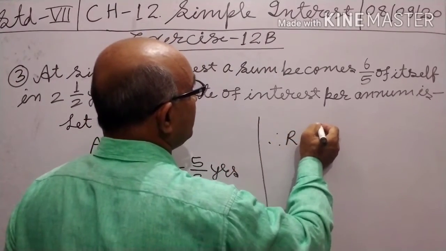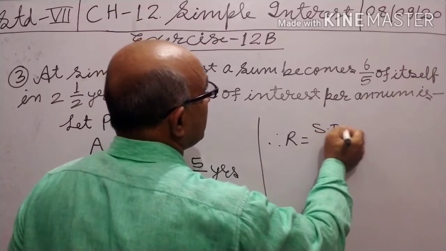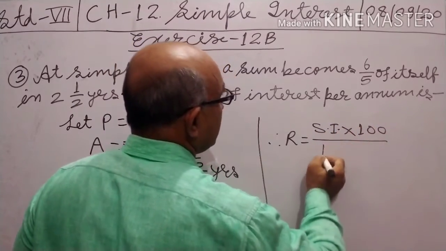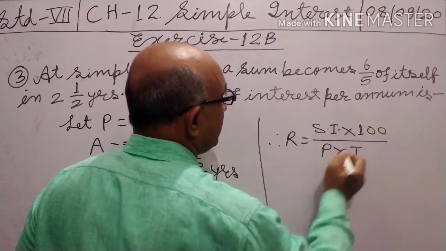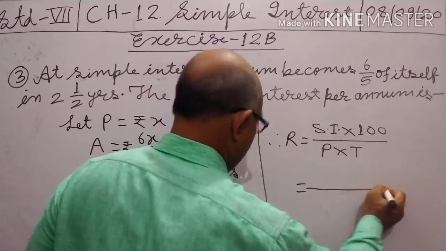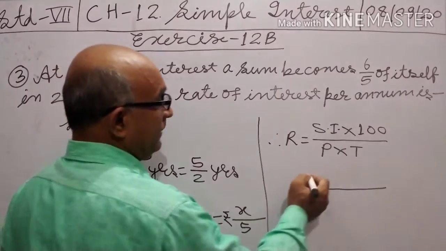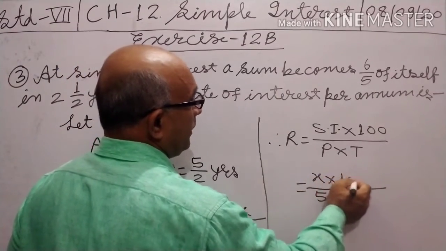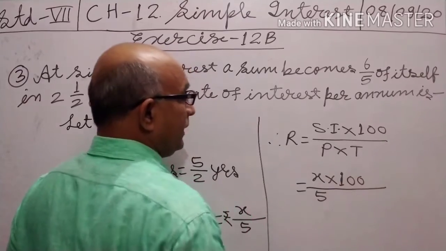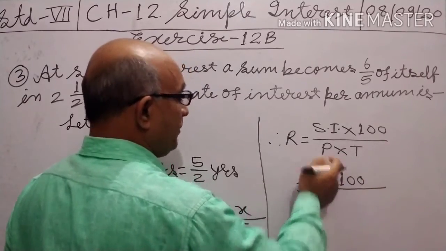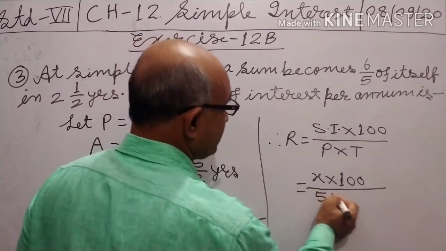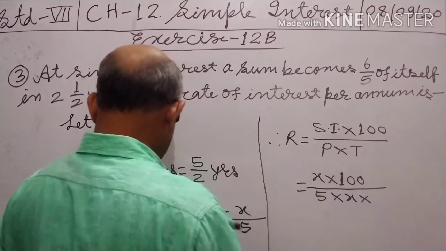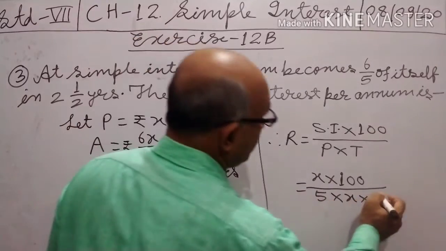Therefore R equal to SI into 100 by P into T, equal to SI is rupees X by 5. So X by 5 into 100 by P, principal is rupees X, into T is 5 by 2.